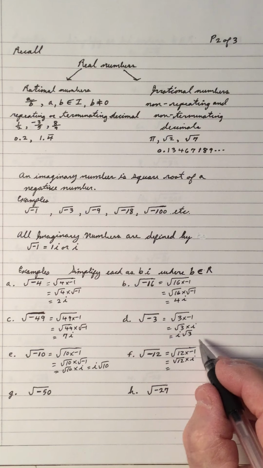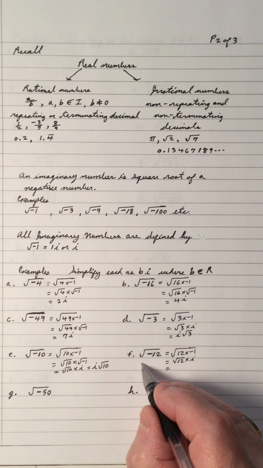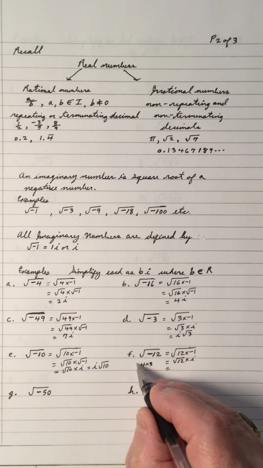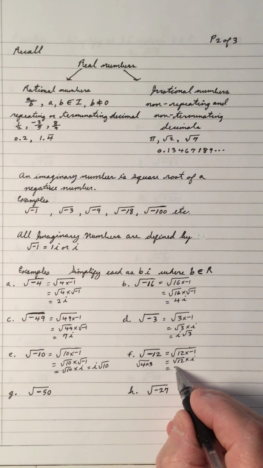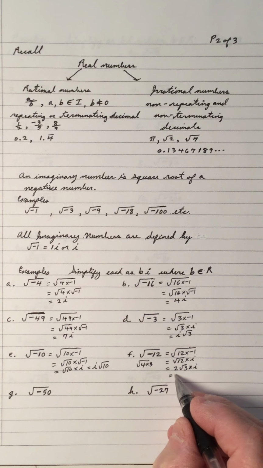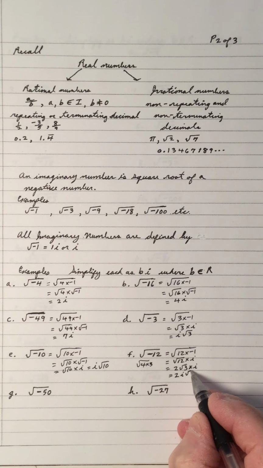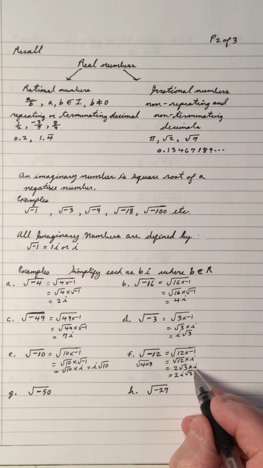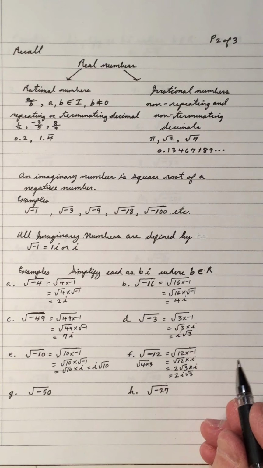But the square root of 12 is the square root of 4 times 3. So the square root of 12 is 2 root 3 times i. And we write 2i root 3. Again, the i goes in front of the root.